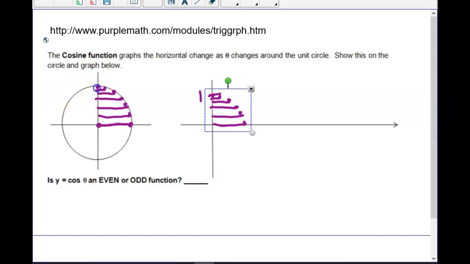The X becomes what? As you go left, what is happening, guys? Okay, it's getting longer, but it's also getting what? Negative, okay? And it gets all the way to -1.